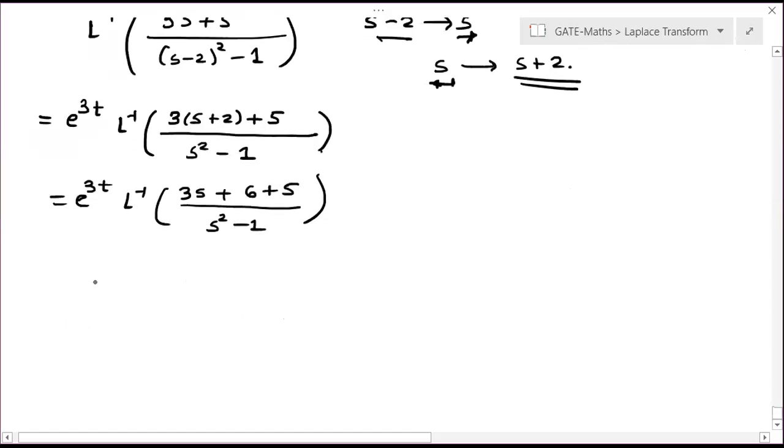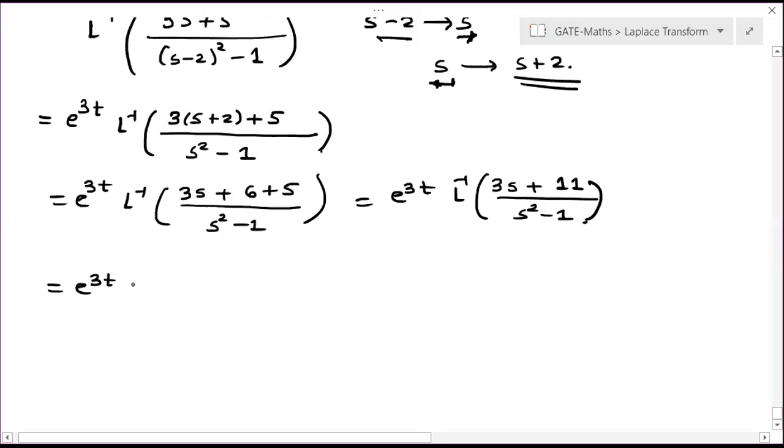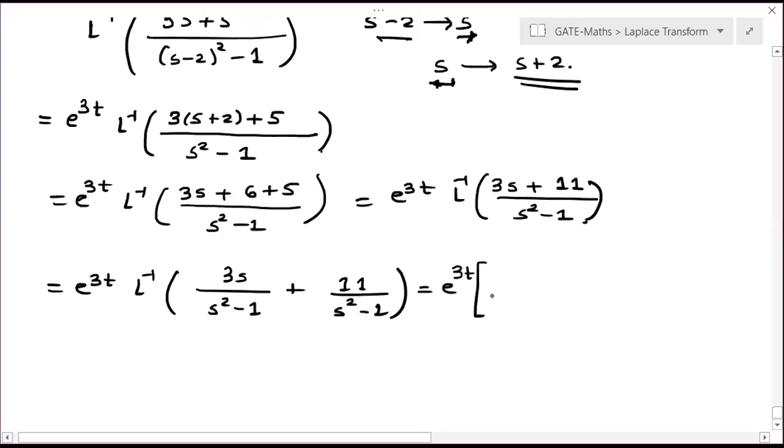So this will be e to the power 3t Laplace inverse of 3s plus 6 plus 5 is 11, divided by s square minus 1. Now can it be written as 3s by s square minus 1 plus 11 by s square minus 1, or not? Right, because we know the formula of each. So it is e to the power 3t.